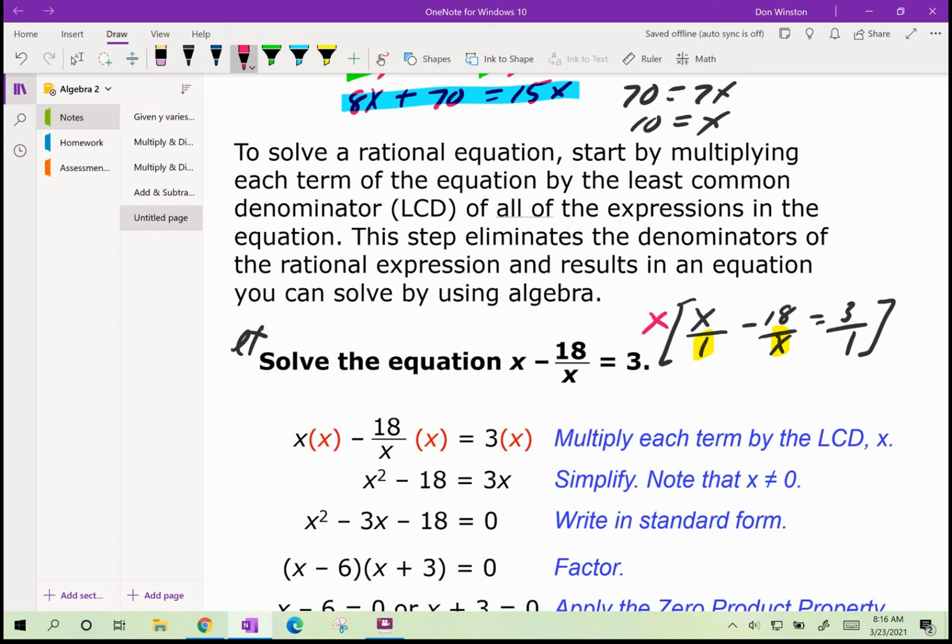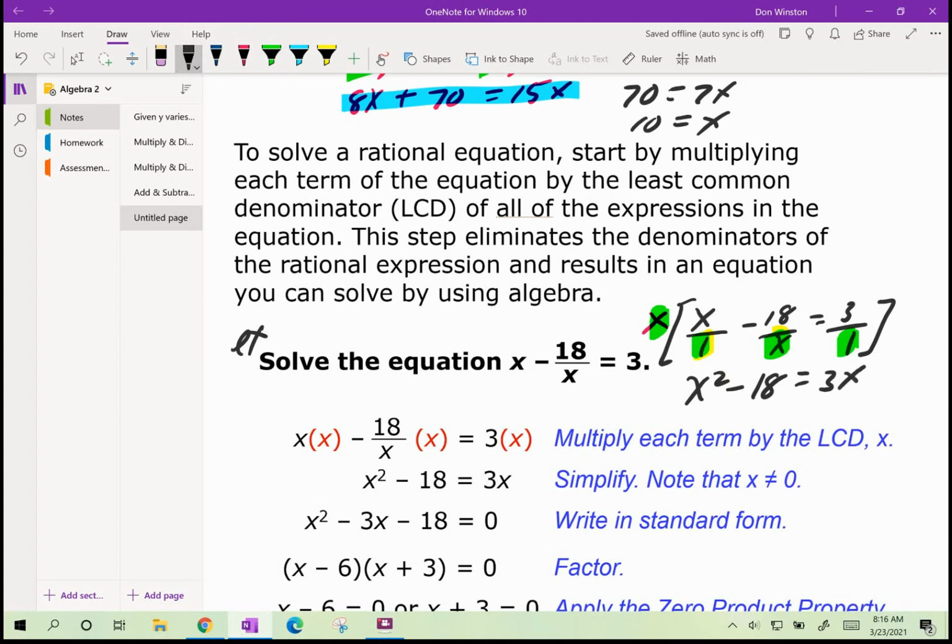1 times x is x. And then I'll divide and multiply. So x divided by 1 is x, times x gives me x squared. Minus x divided by x is 1, times 18 gives me 18. Equals x divided by 1 is x, times 3, and that will give me 3x.